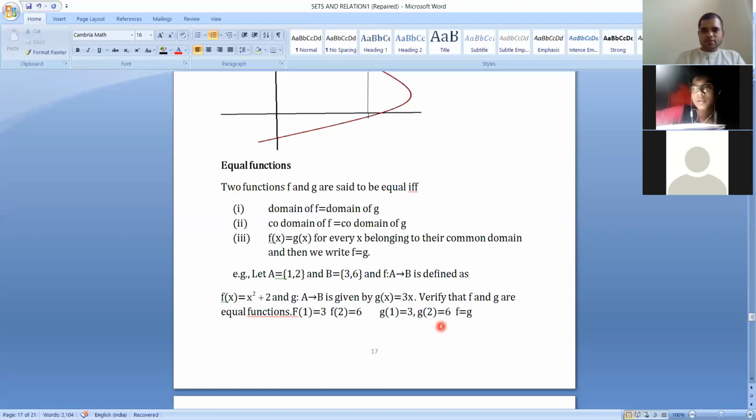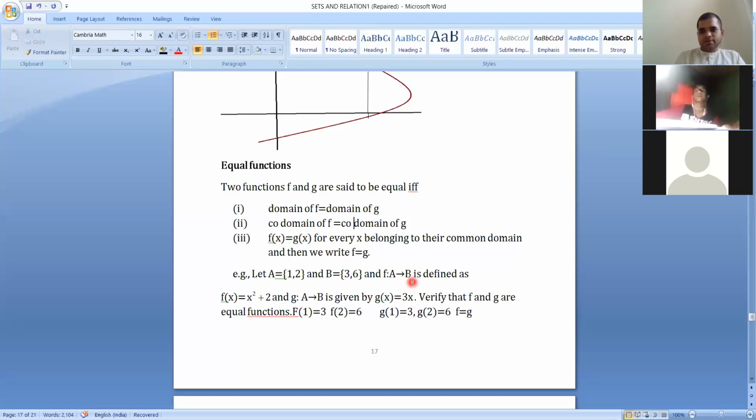How are the domain and codomain equal in both? See, what is the domain of f? F is defined from A to B. So the domain of f is set A. If it is written that f is defined from A to B, then A is the domain and B is the codomain.